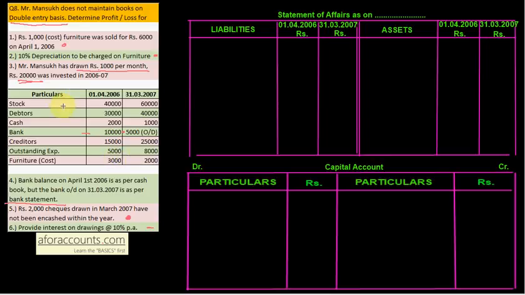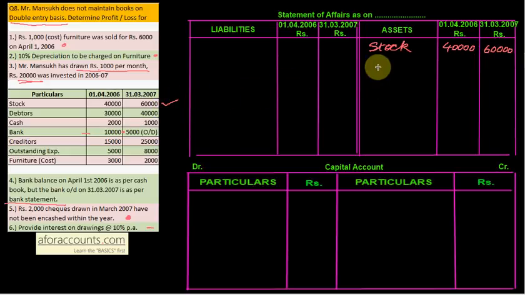First of all we have stock. So on the asset side write stock 40,000 and 60,000. Stock is done.